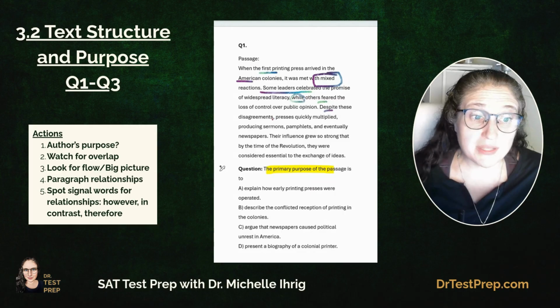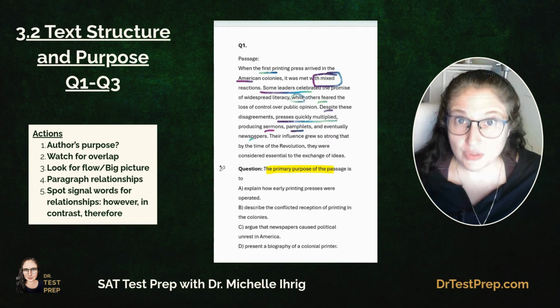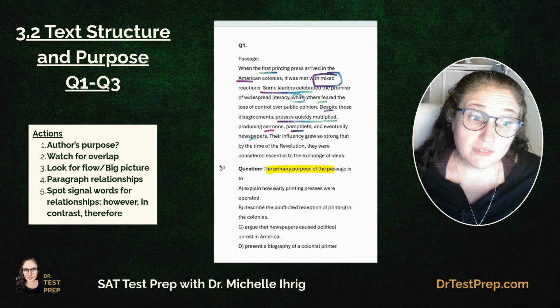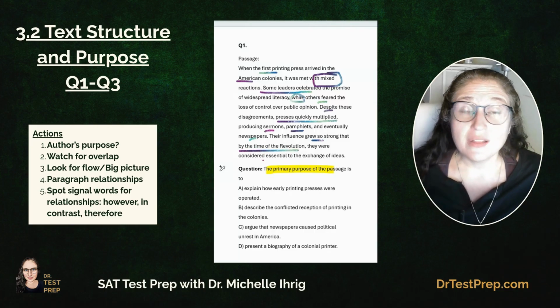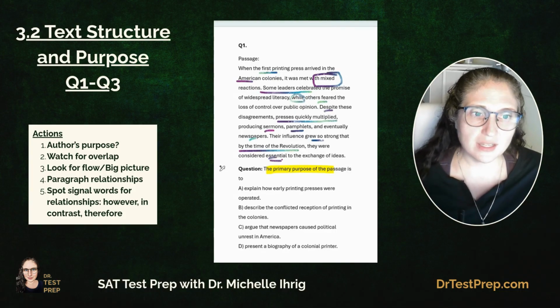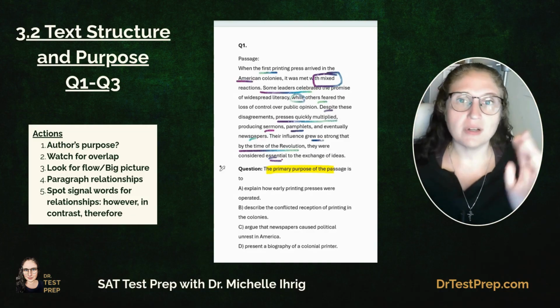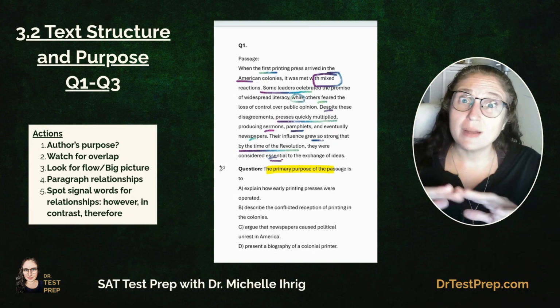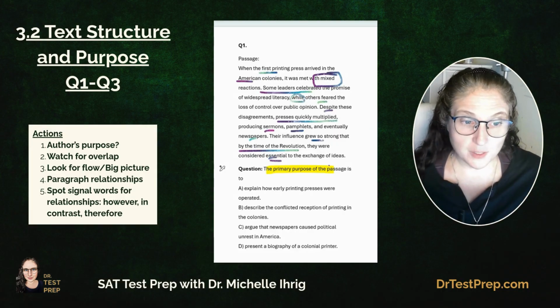Despite these disagreements, presses quickly multiplied, producing sermons, pamphlets, and eventually newspapers. Their influence grew so strong by the time of the Revolution that they were considered essential to the exchange of ideas. So we're talking about how the printing press has come, some are in favor of it, some are against it, and then it talks about how it's widely used. So what's the primary purpose of the passage?